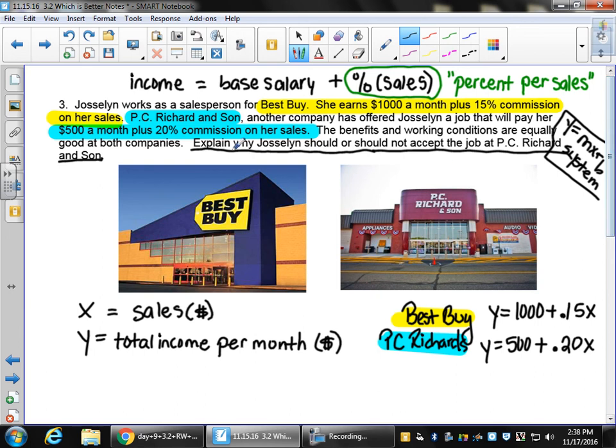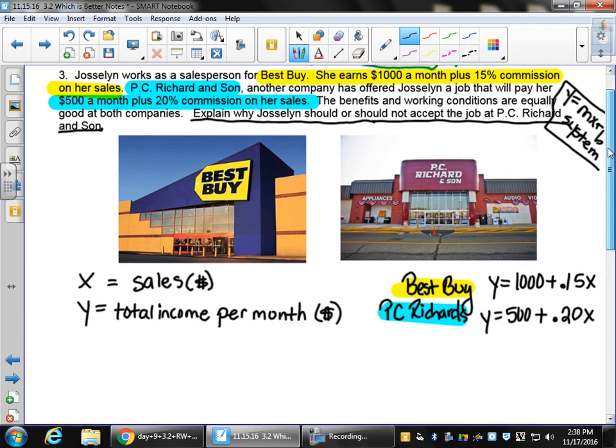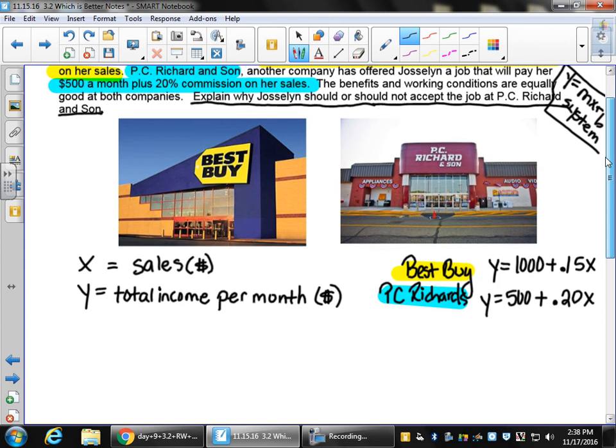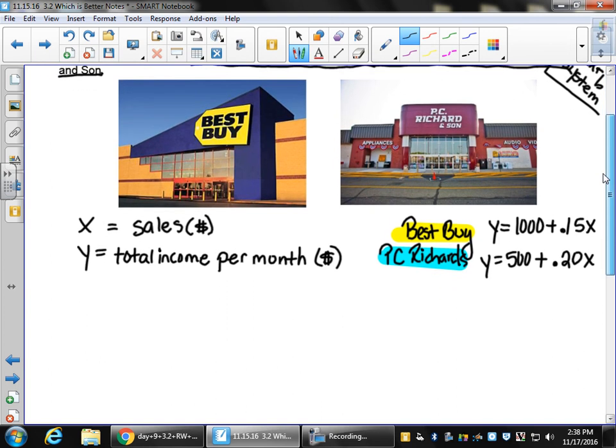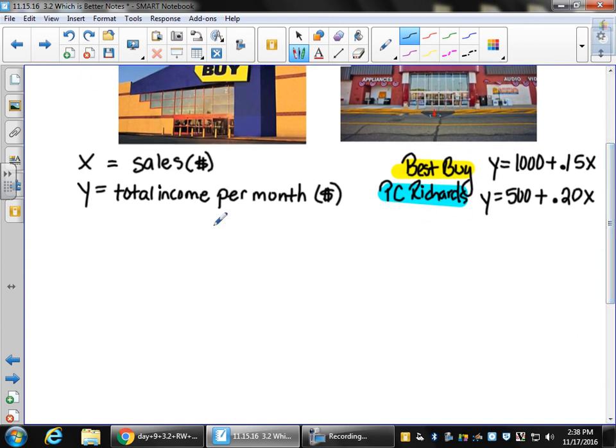Ultimately, we're trying to give her advice on which job to take. But to be able to give her that advice, we first have to know when would she make the same amount of money at each place. To do that, we are going to set Best Buy equal to PC Richards. So we're going to set 1,000 plus 0.15x, that represents what she would make at Best Buy, equal to 500 plus 0.20x.